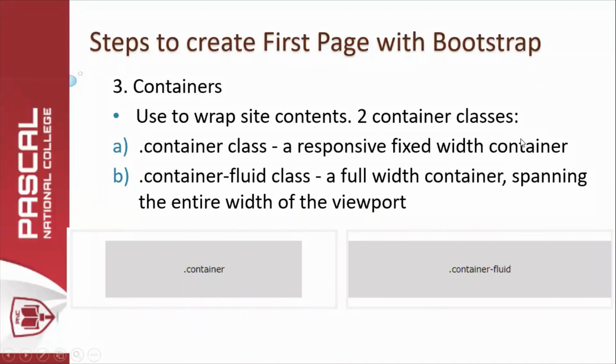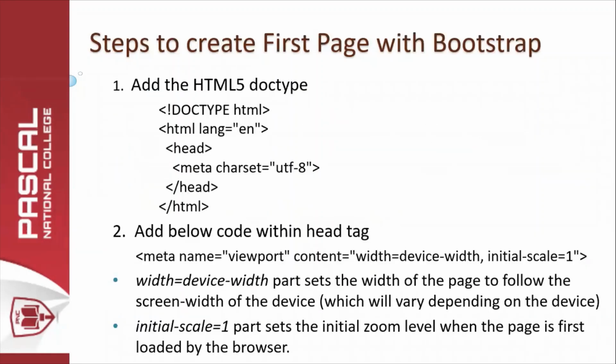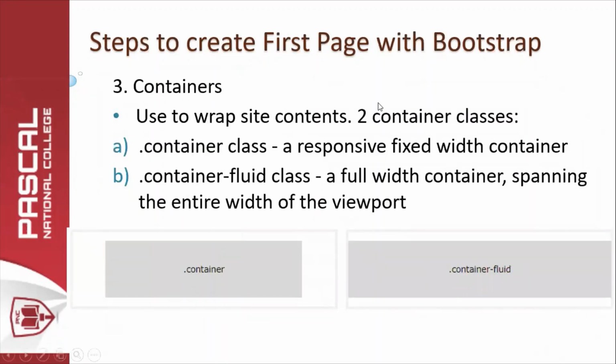Before we move on, we should know about the containers. We are still on the first step. The first one is your HTML5 doc. Then you need to add this meta tag within the head section. And the third one, you should include the containers. For the container, you have two classes to know about.